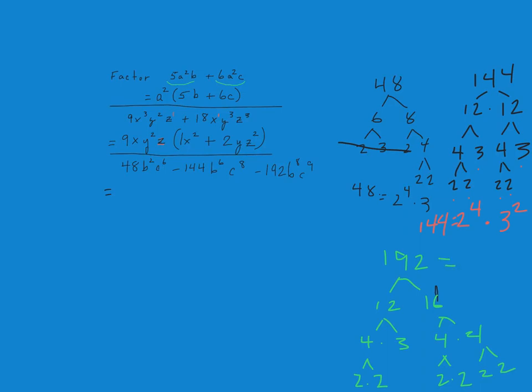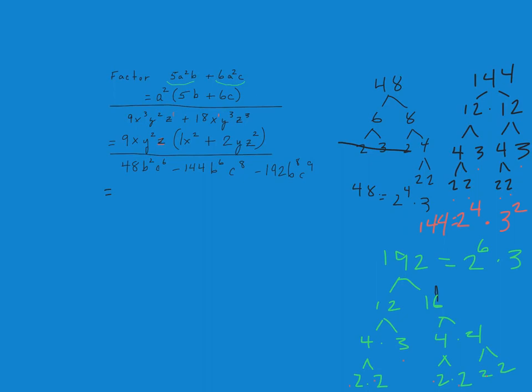So that means that 192 factors into 1, 2, 3, 4, 5, 6 2's and 1 3. So 192 is 2 to the 6th times 3 to the first power.